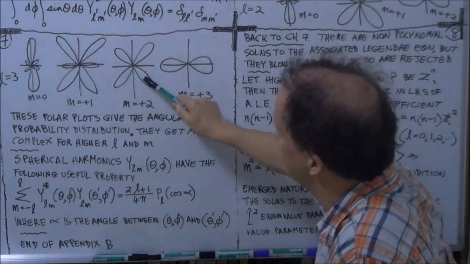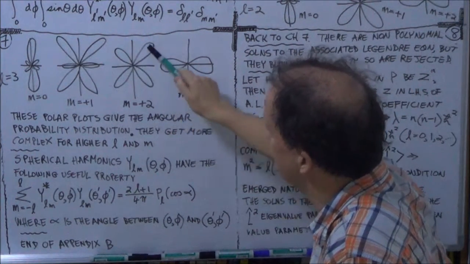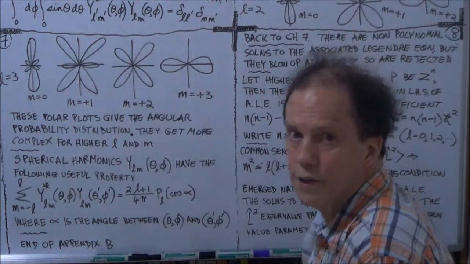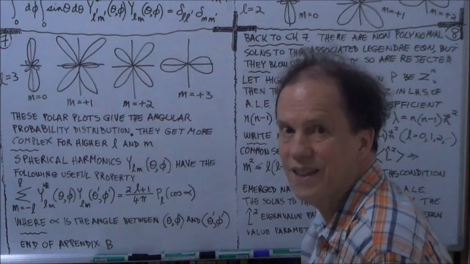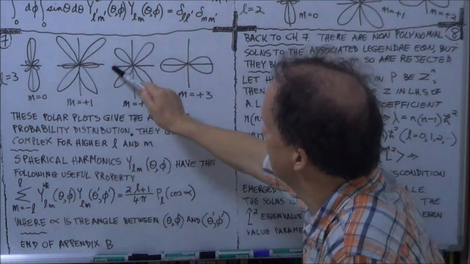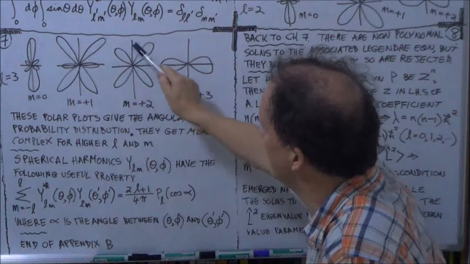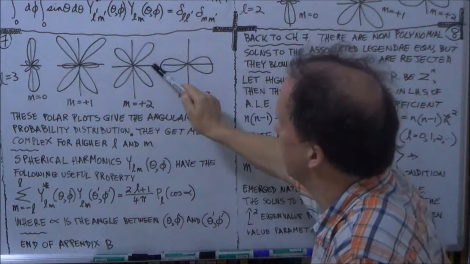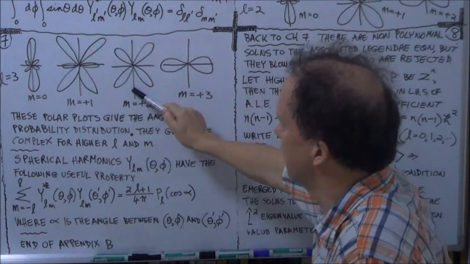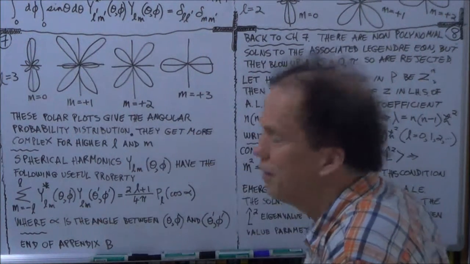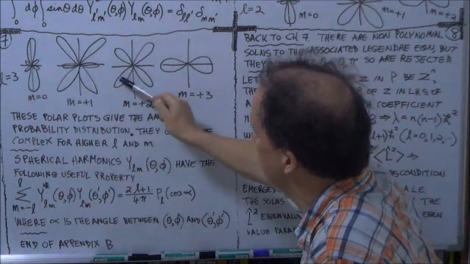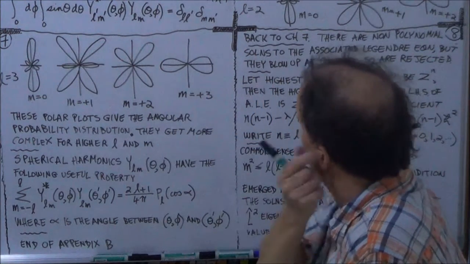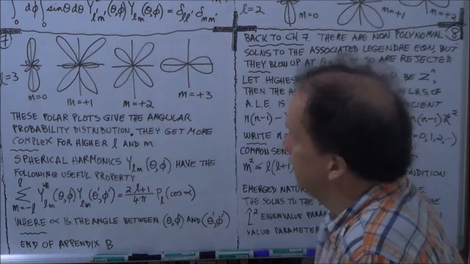So the electron is more likely to be at these four values of theta than here or here or here. The probability at theta 0, or 90 degrees, or 180 degrees is 0. So they give you the highest probabilities of finding the electron at those angles, theta.